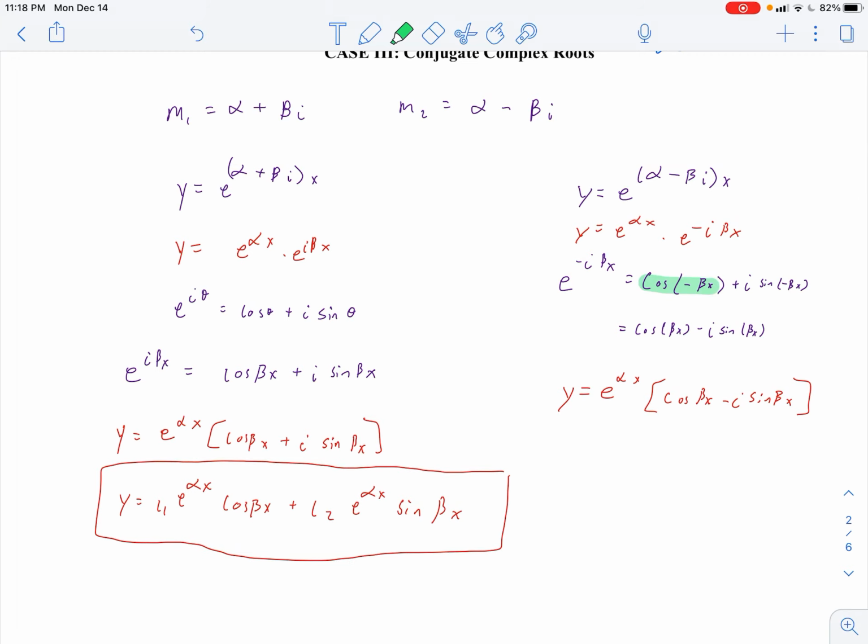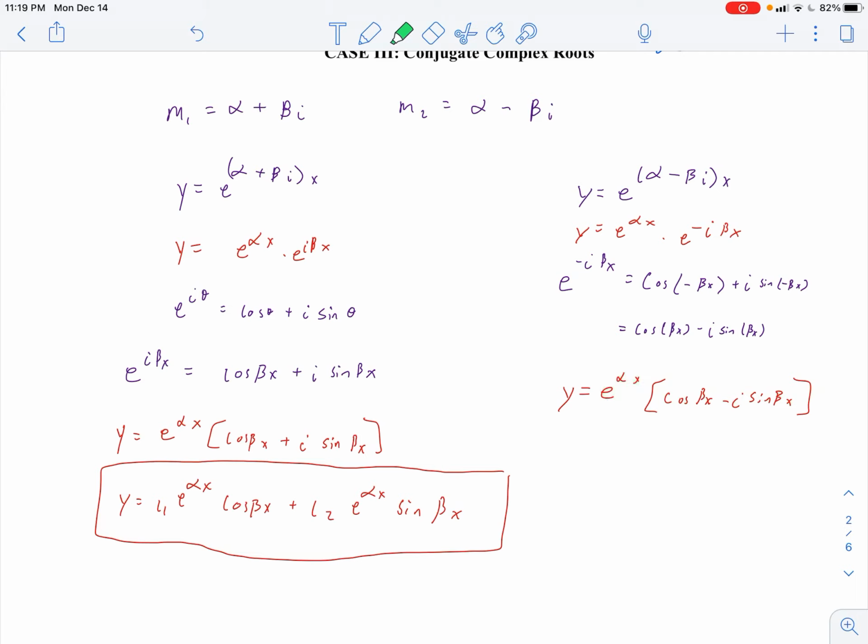When you have it on the inside of cosine, because cosine is an even function, the negative is going to go away. When you have it inside of sine, though, that negative comes out in front because it's an odd function. So we get minus i sine beta x. And so now we can write that solution as e to the alpha x times cosine beta x minus i sine beta x.